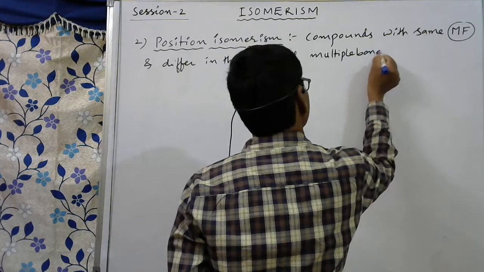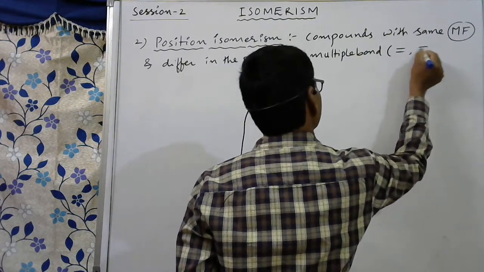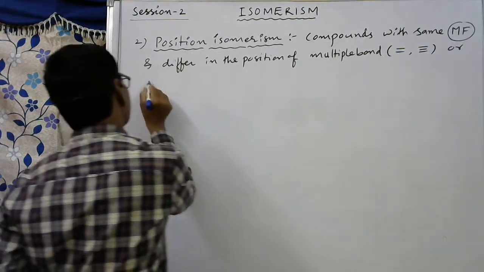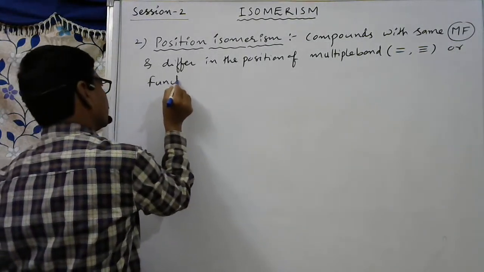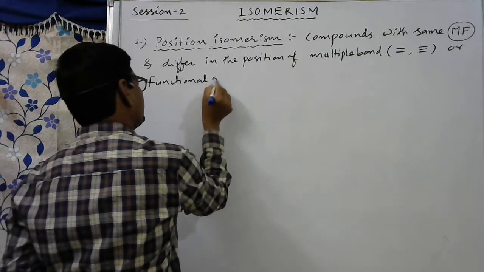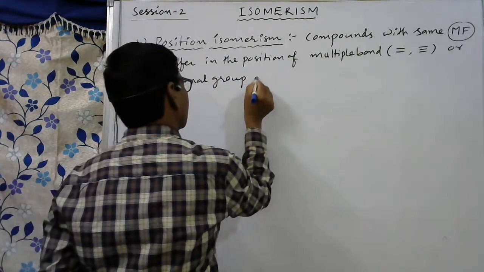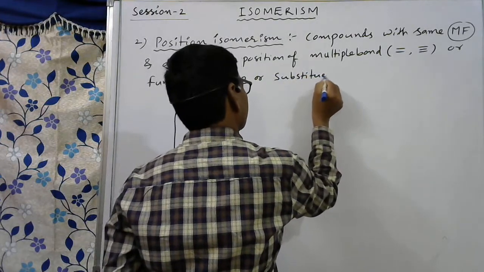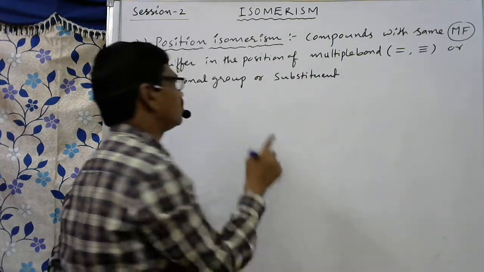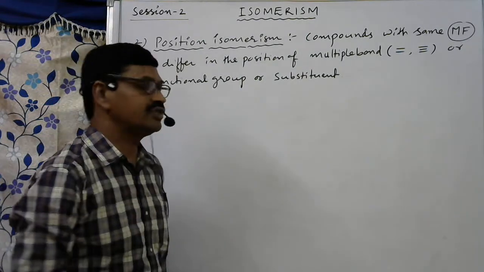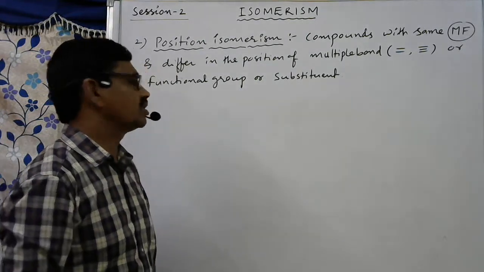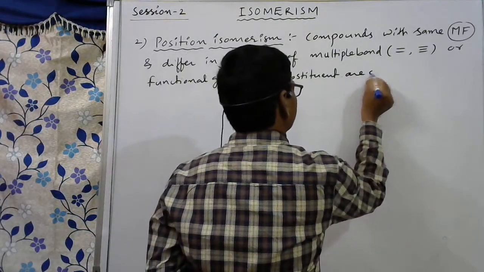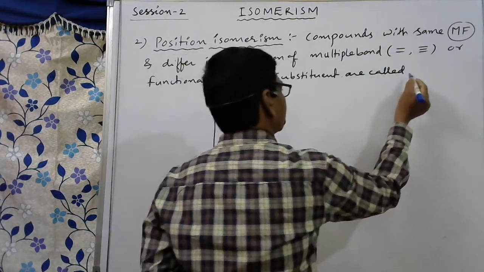Multiple bonds means it may be a double bond or a triple bond, or a functional group or substituent. Compounds with the same molecular formula that differ in the position of multiple bonds, functional groups or substituents are called position isomers.